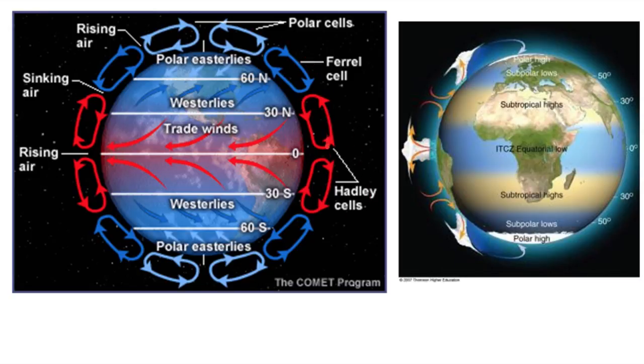There are two right next to the equator, and then we have the Ferrel cell and the polar cells. Now, we only need to know the Hadley cells, and what's very important to know is that when the air is descending, it is dry air, the dry air that's cooler that descends, and as a result, we see the formation of deserts in the 30 degrees north and 30 degrees south regions.